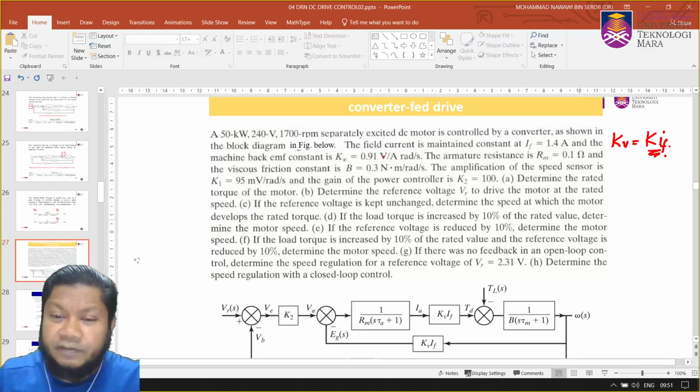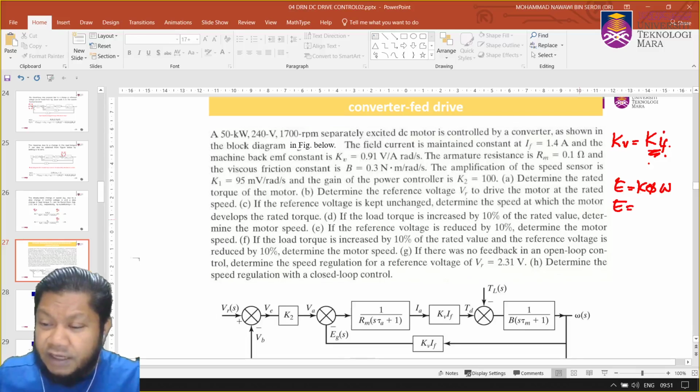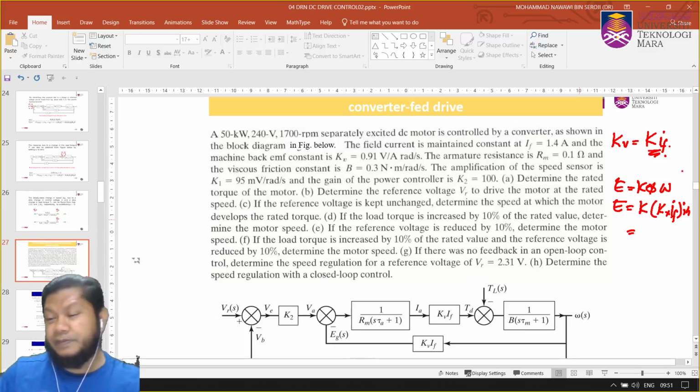And that's why we start with E equals to K flux omega, and then if you have a constant flux, constant field winding, constant flux, we have K, another new K, K IF IA.